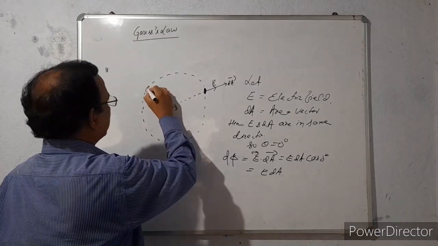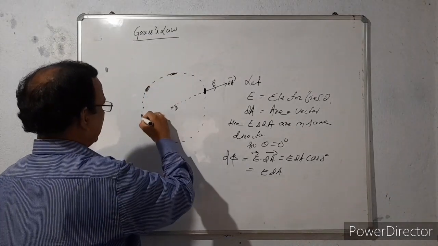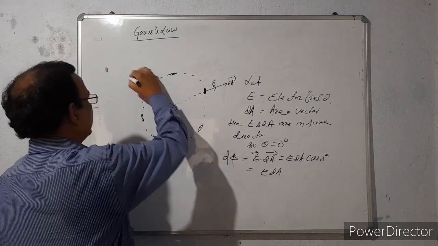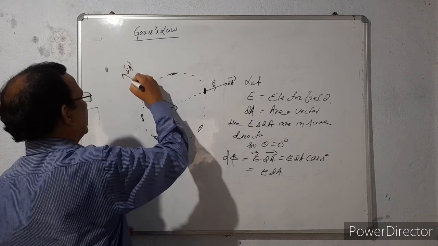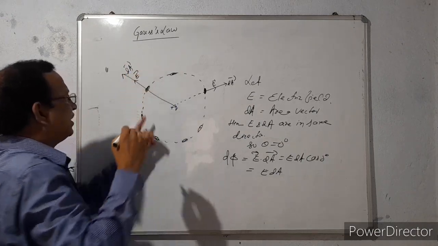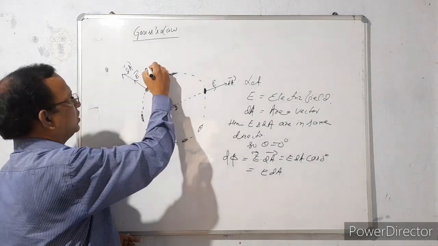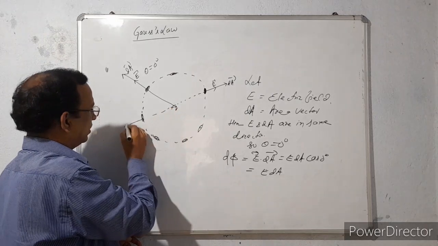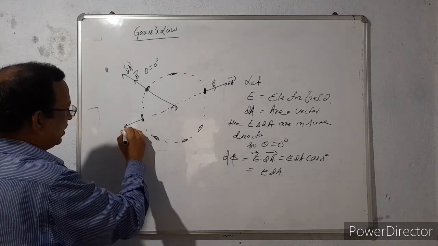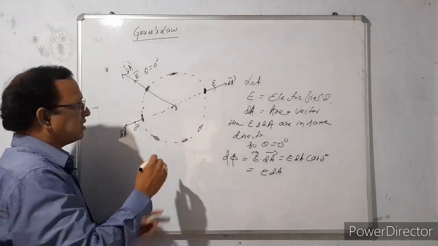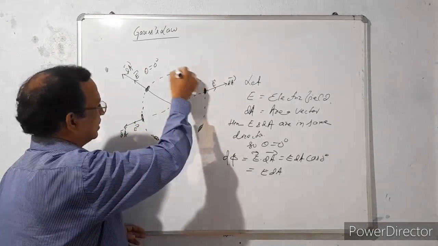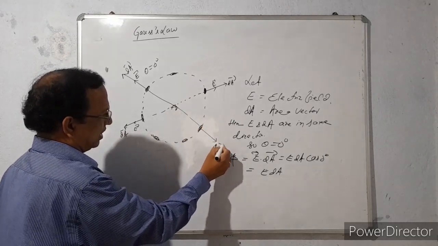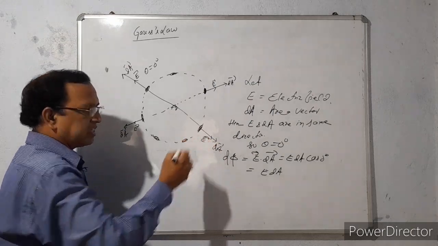Suppose there are other small sections like this. In all cases, suppose this is the direction of the area. Here E and dA are both in the same direction, so theta is equal to 0 degree. In all cases on the surface, dA and E are in the same direction.